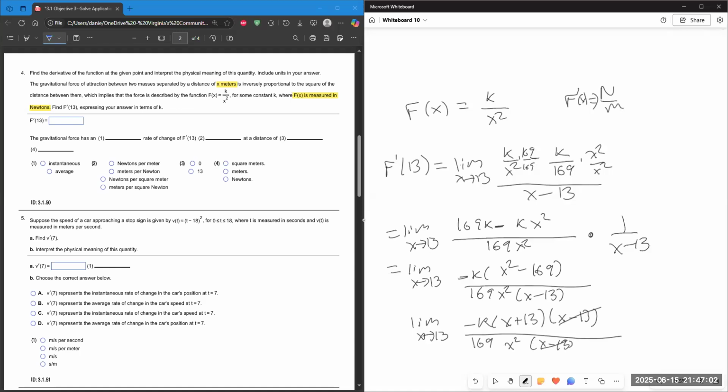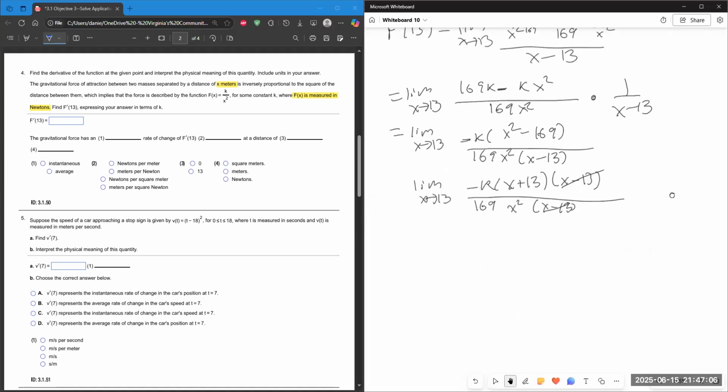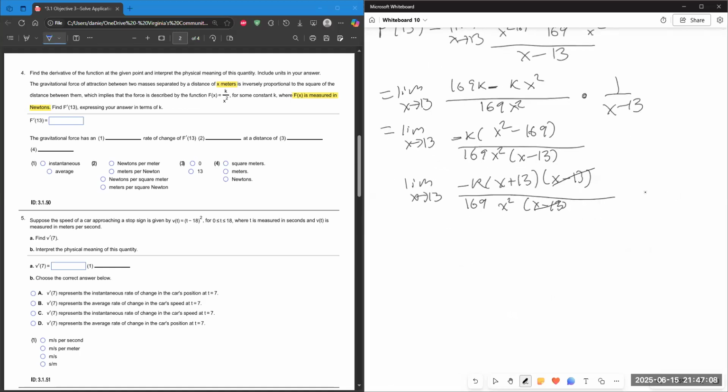The x minus 13s will cancel. That gives me negative k times 13 plus 13 over 169 times 13 times 13, which is another 169.